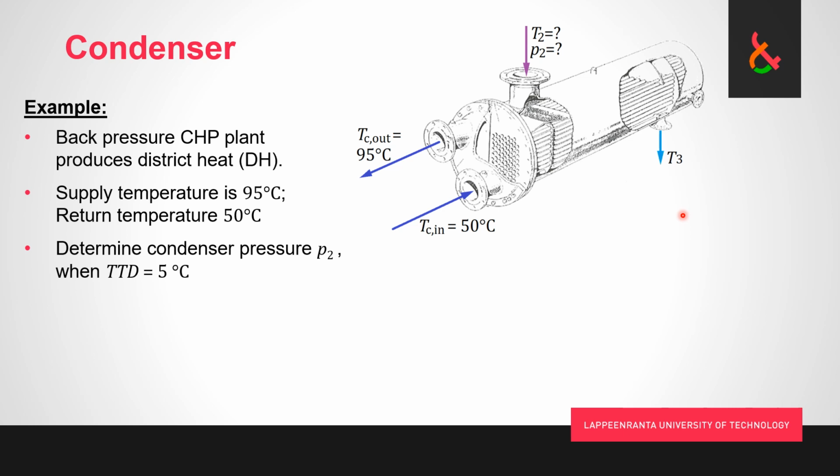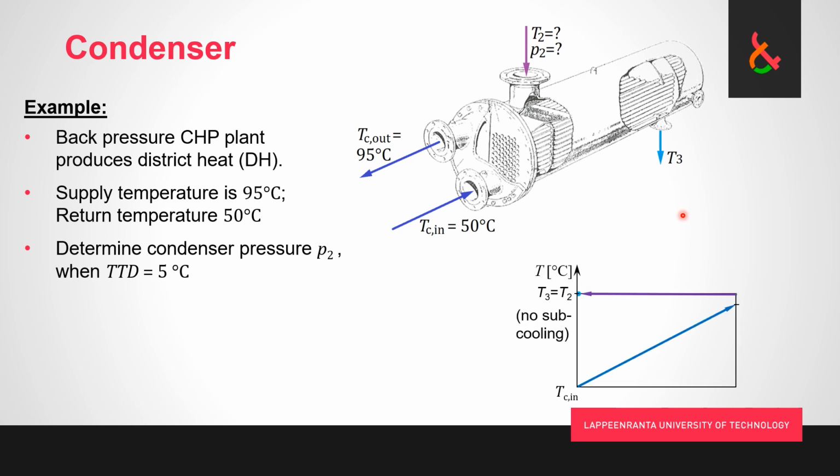First we draw the temperature diagram, and since we are not told otherwise, we can safely assume that there is no subcooling. Temperature 3 is temperature 2, and we are supposed to produce 95 degrees Celsius supply temperature. That's right here.